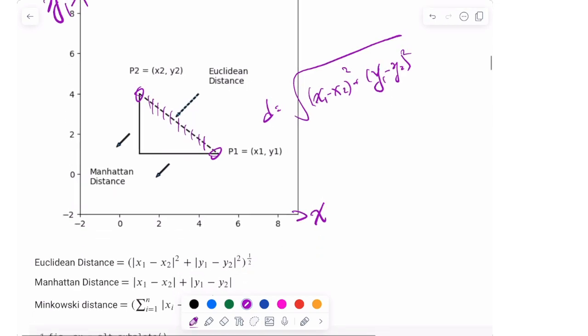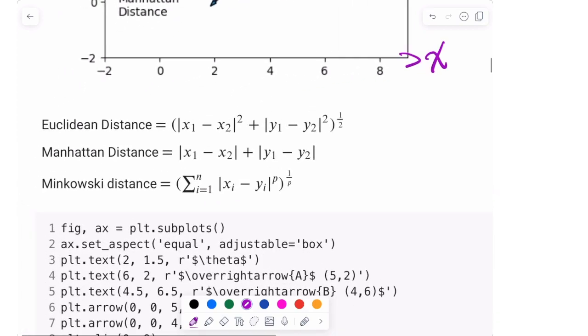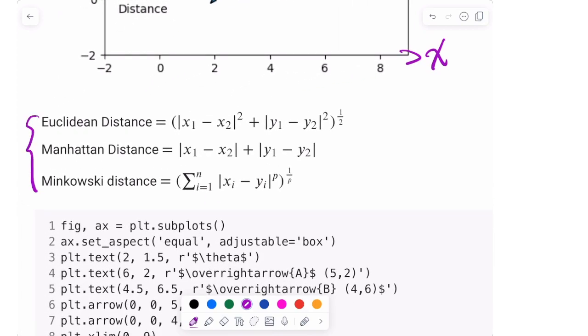So that is Euclidean distance. You can simply write the distance function like this: the difference along the x-axis, the difference along the y-axis, and this is how you calculate the Euclidean distance.